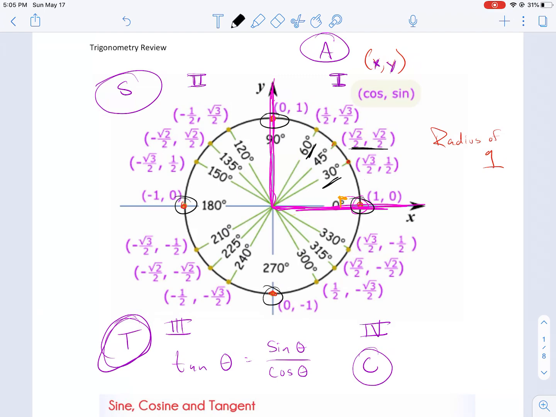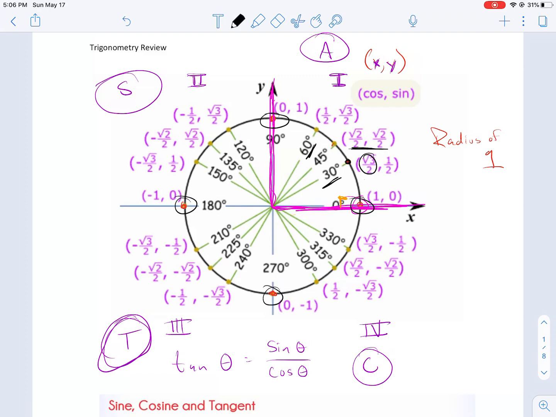So at 30 degrees, you look at this point right here, your x value, or your cosine value, is square root 3 over 2, and then your y value is 1/2. Then you go up to 60 degrees, and it just gets flip-flopped. So how I try to memorize these things is that when I think of 30 degrees, it always starts with that square root 3 over 2. So if you can remember that, you can basically build this entire unit circle.